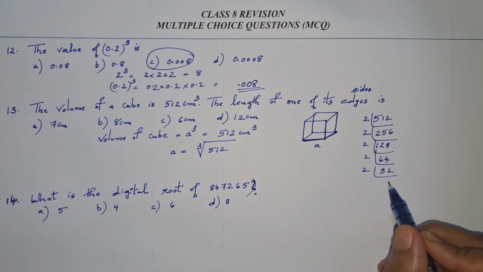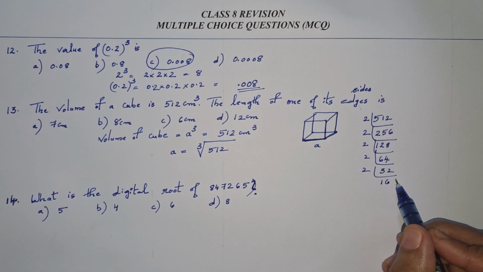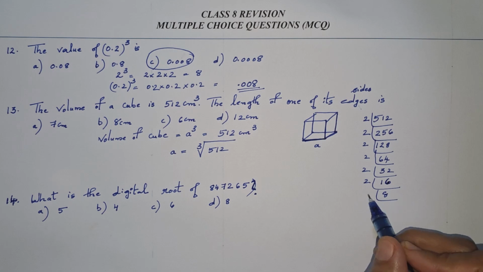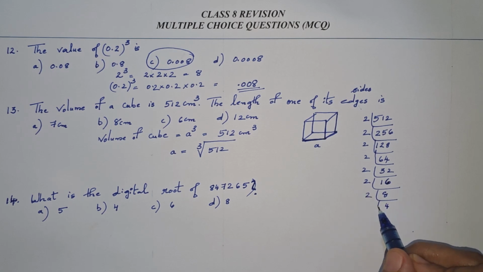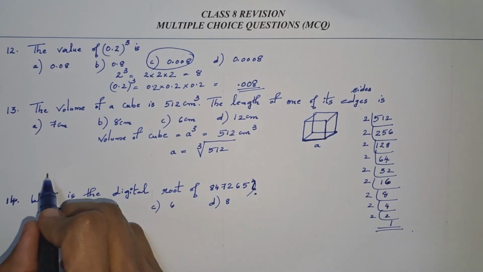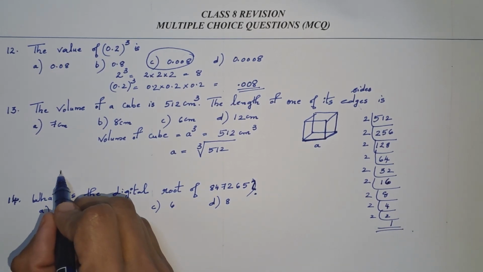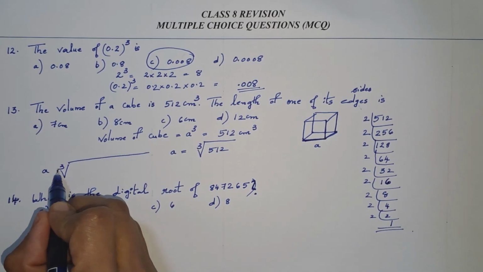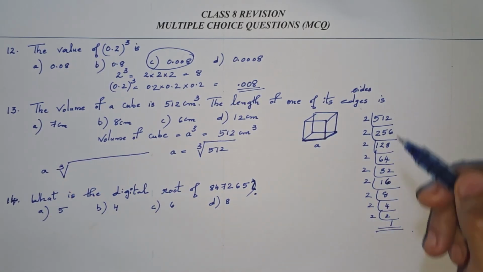Another 2 will give me 16. Another 2 will give me 8. Another 2 will give me 4. This 2 will give me 2, then 2 and 1. So when we do the prime factorization, A is equal to cube root of, let's include the factors.